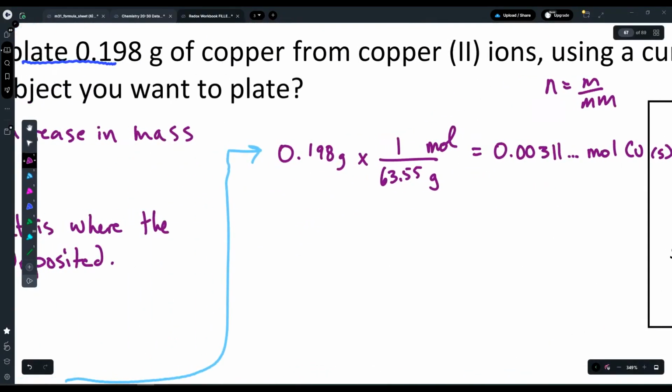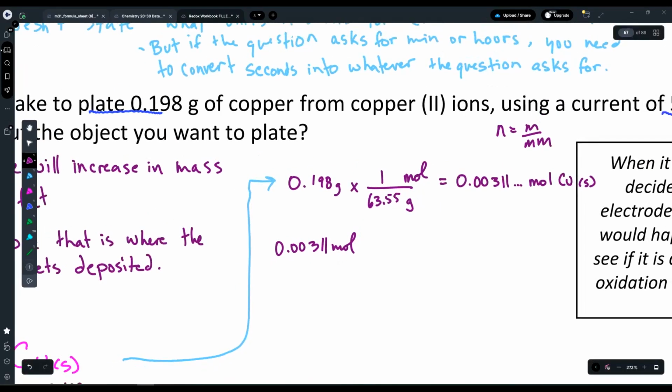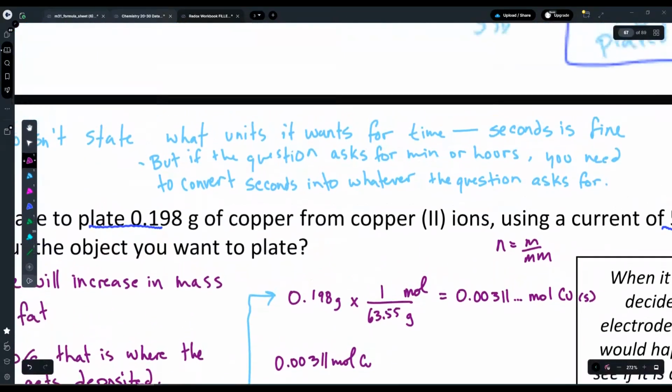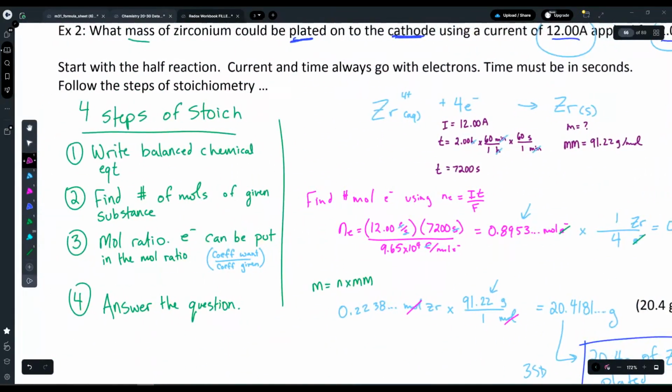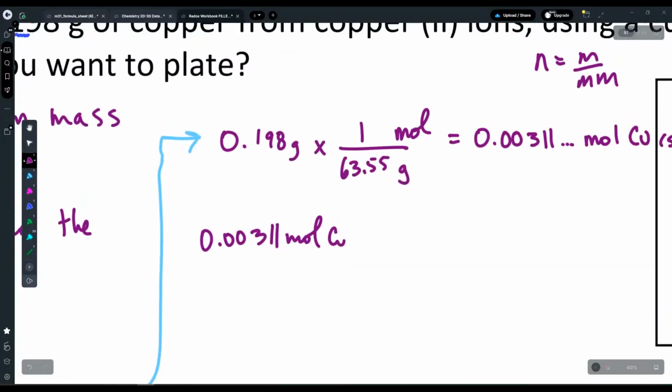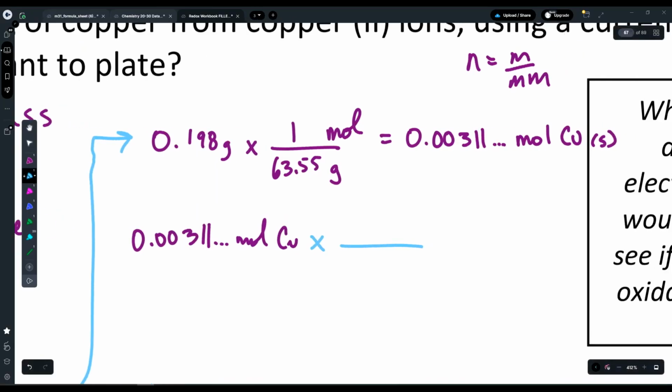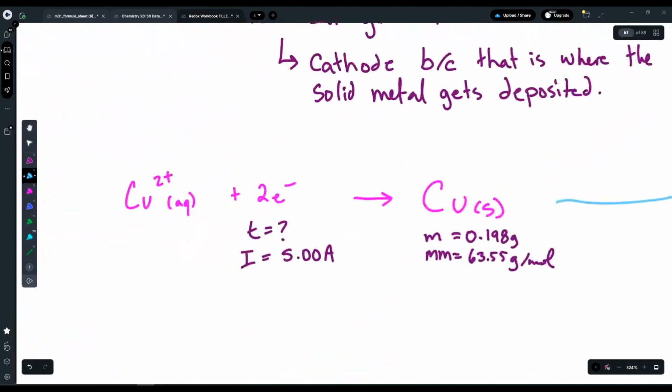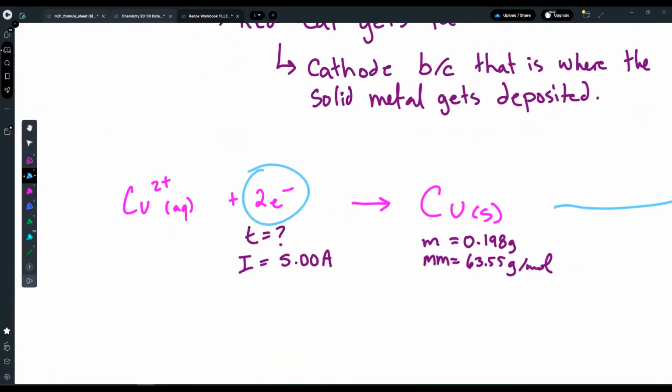Okay, so I'm going to take that number and we're going to move on to step 3. Step 3 is use your mole ratio to convert what you're given into what you want. Keep in mind I'm still using the whole number in my subsequent calculation. So we're going times a fraction sign. So the coefficient of what we want. Since we want time, that means we're going to want our moles of electrons.